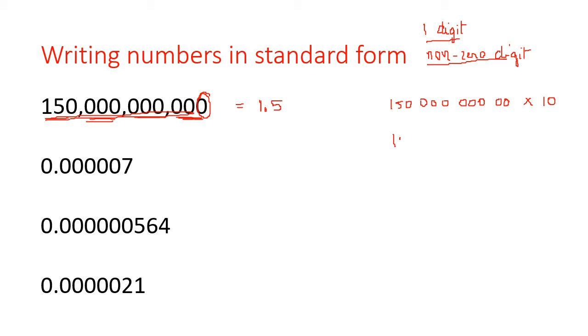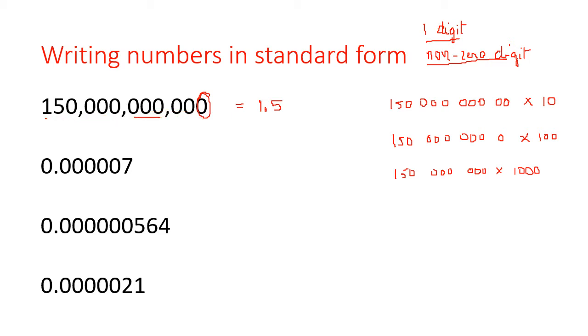Or I can write this 150,000,000,000 into 100. Or I can write 150,000,000 into 1000. So you can see what I am basically doing. Are you following?